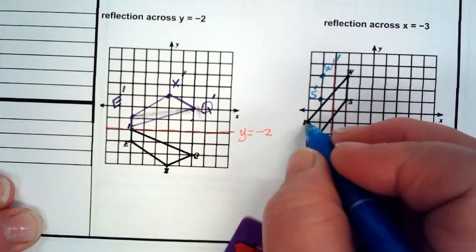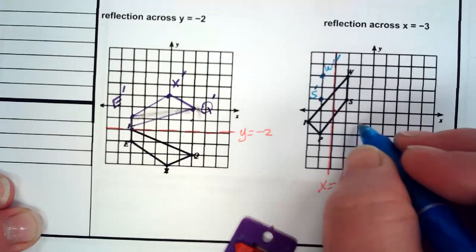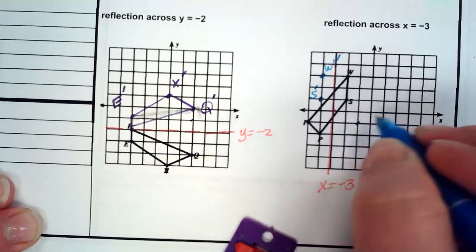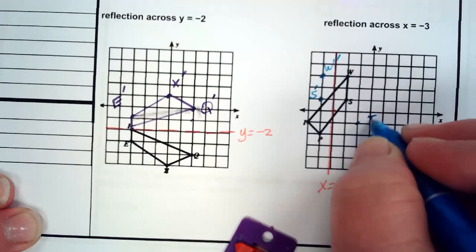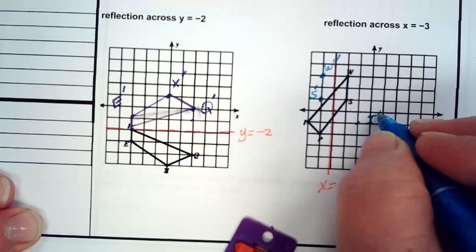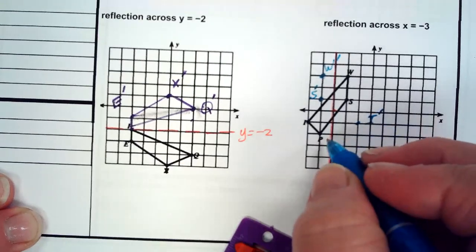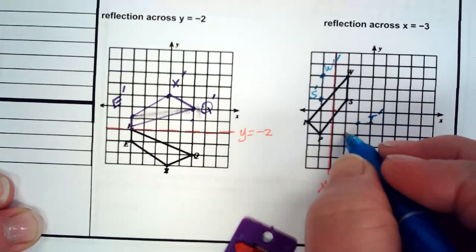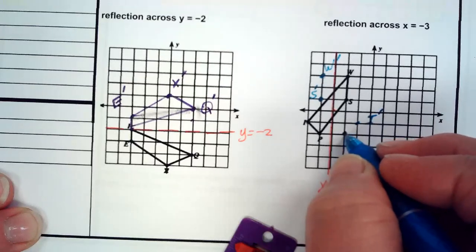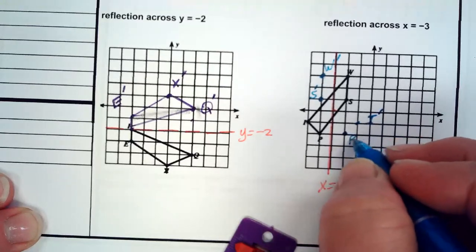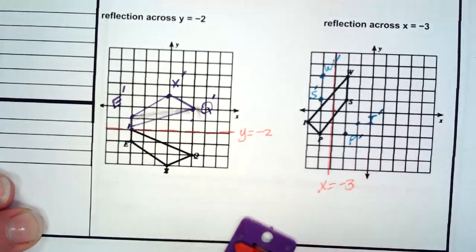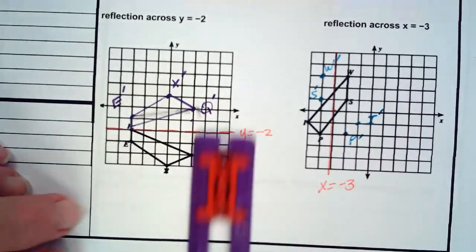I is 2 to the left, I go 2 to the right, and I get I prime. And finally, P is 1 to the left, so I go 1 to the right, and I get P prime. Now let's connect our dots.